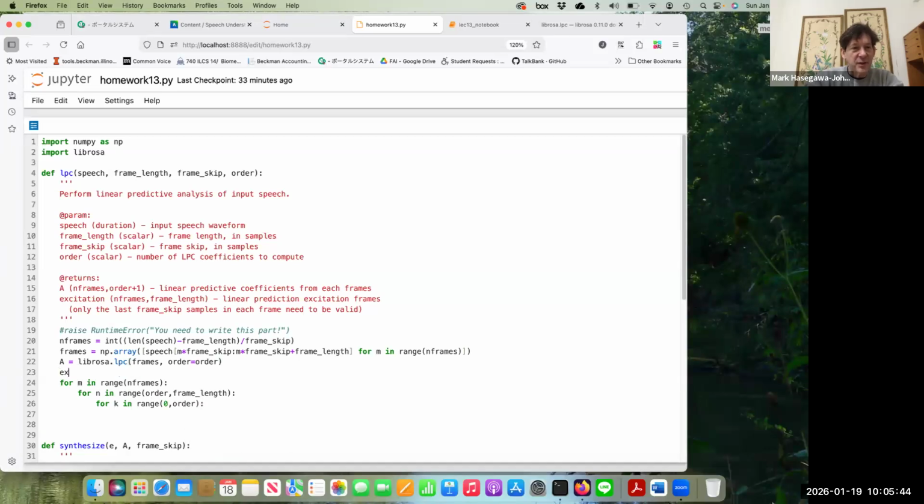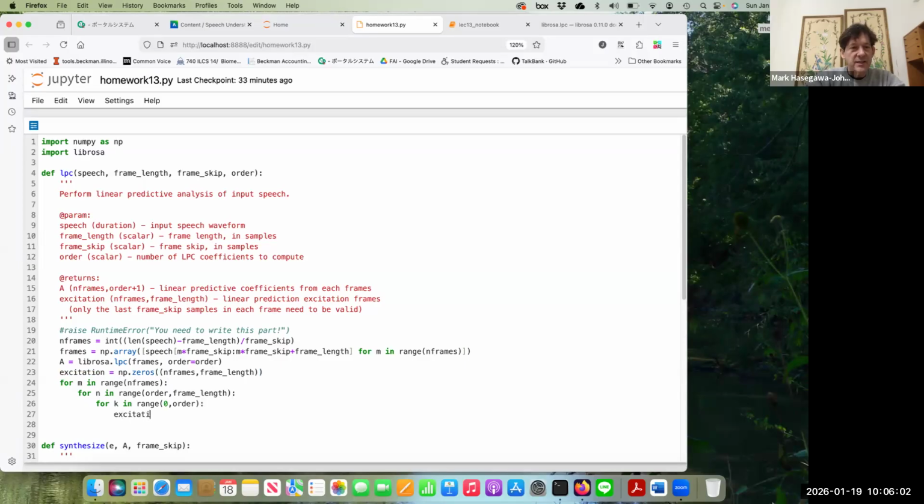Oh, the excitation needs to be created first. Excitation will start out as all zeros, and of a size, the number of columns is frame length, right? All right.